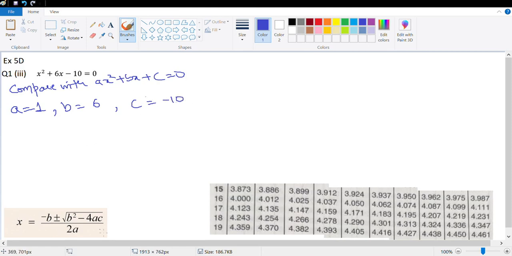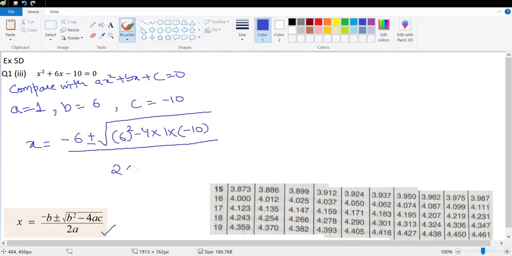So we know this formula: x is equal to negative b, in this case negative 6, plus minus the square root of b square, in this case 6 square, minus 4 into a, in this case 1, multiplied with c, in this case negative 10, divided by 2a, 2 into 1. So x would be equal to negative 6 plus minus, 6 square is 36, negative 4 into 1, negative 4 multiplied with negative 10, that's plus 40, upon 2a, which is 2.